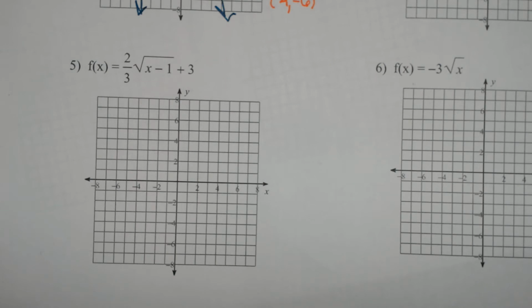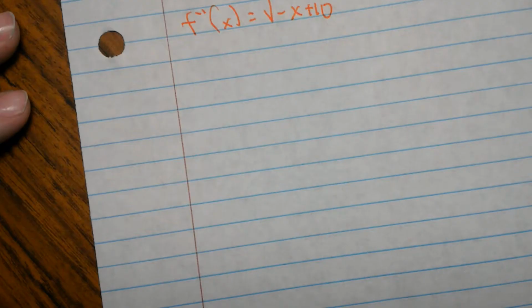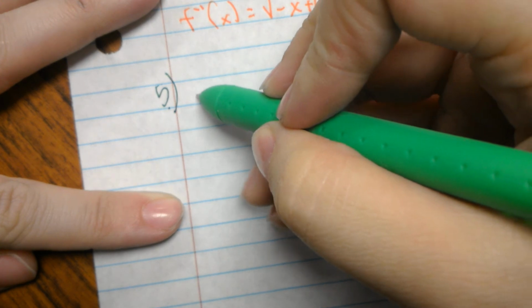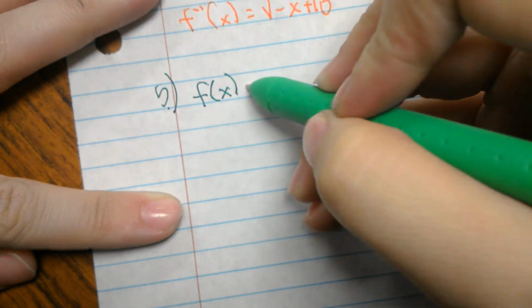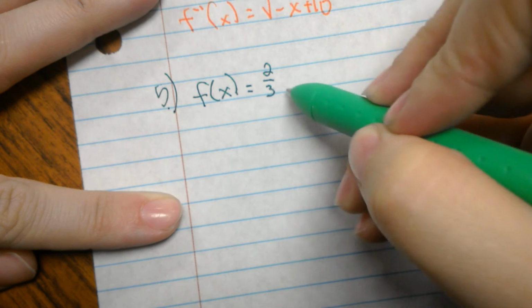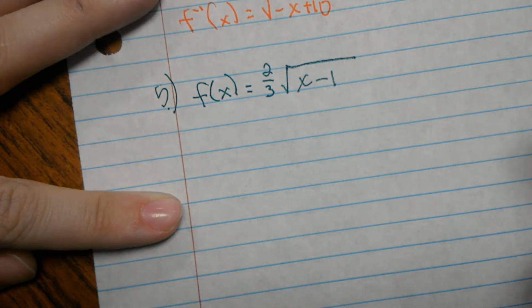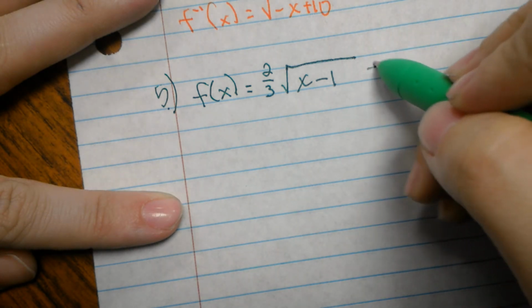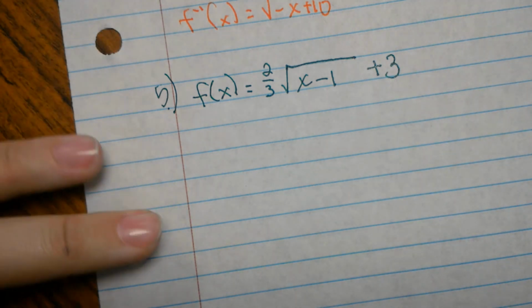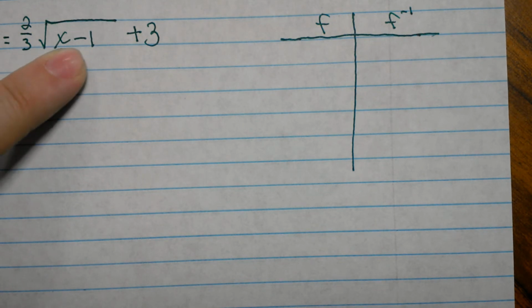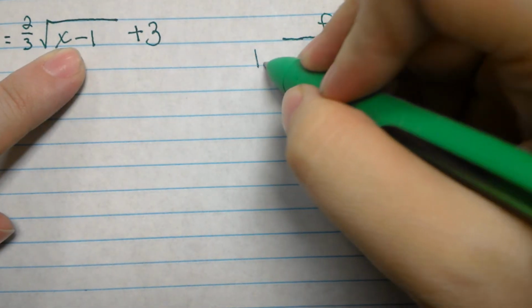So I'm going to do number 5. So I'm starting where x is. The first thing I did to x was subtract 1.